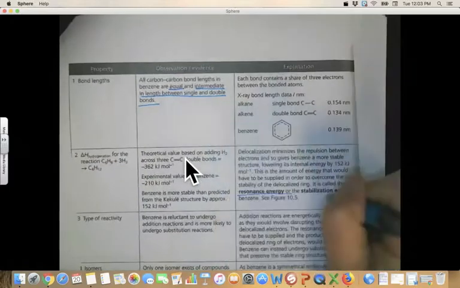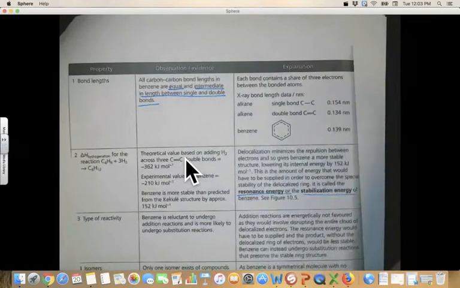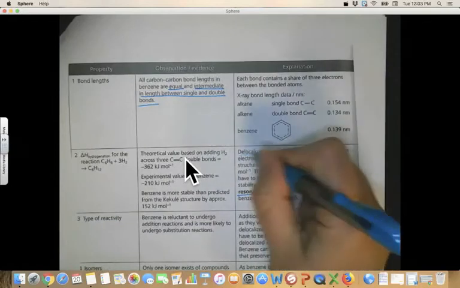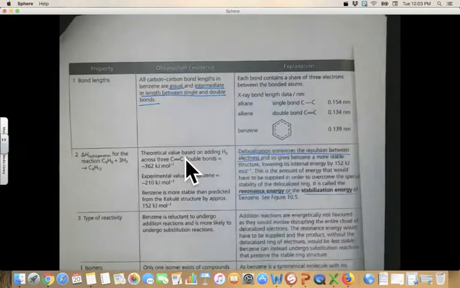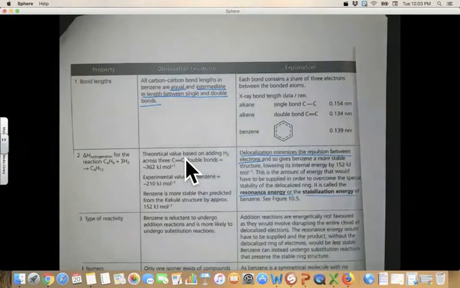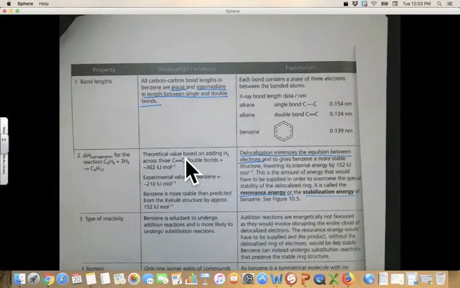That's known as the resonance energy, or the stabilization energy. And here's the idea. Delocalization minimizes repulsions between electrons, thus making benzene a much more stable structure. So it lowers the amount of energy you would expect to need to hydrogenate it or do anything else.